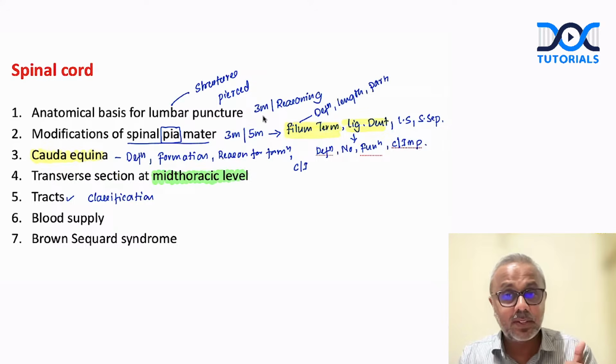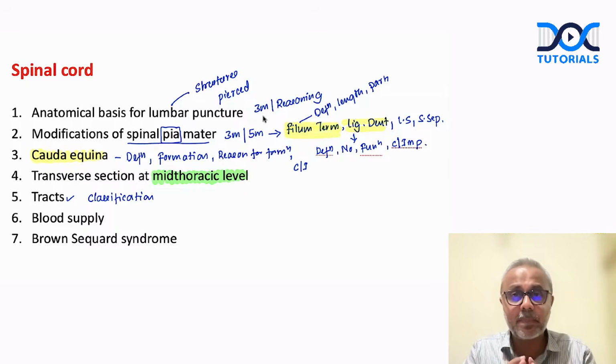But remember, the dorsal column pathway, the spinothalamic tracts, and corticospinal tract, these are the three tracts that are very often asked in the exam. Even learning these tracts is very easy if you remember the concept of the upper motor neuron and lower motor neuron for the descending tract, and the concept of the first order, second order, and third order neuron for the ascending tracts. Let me give you an example.